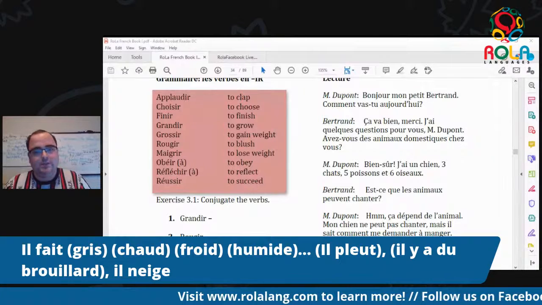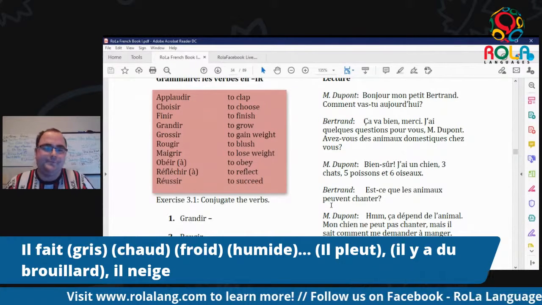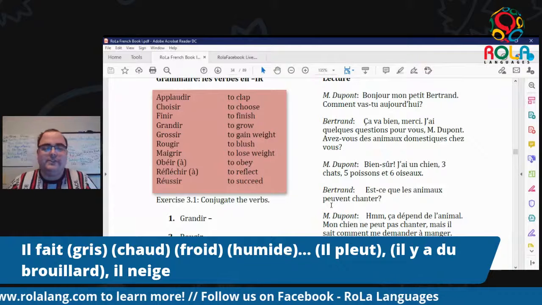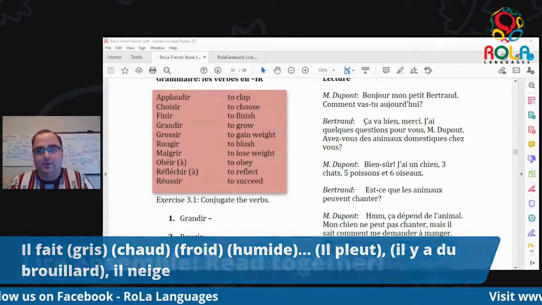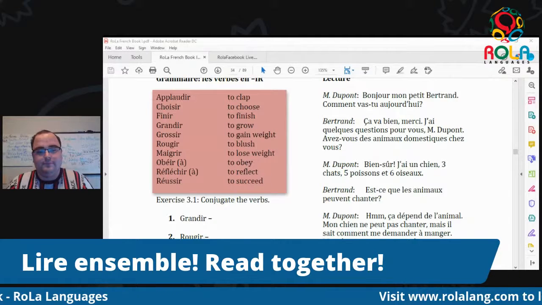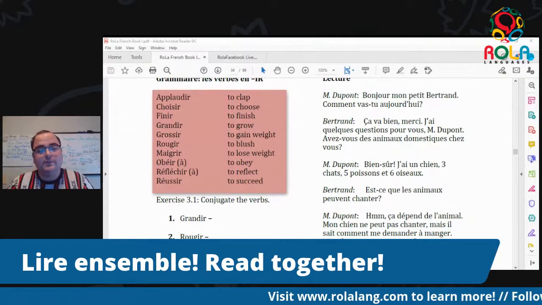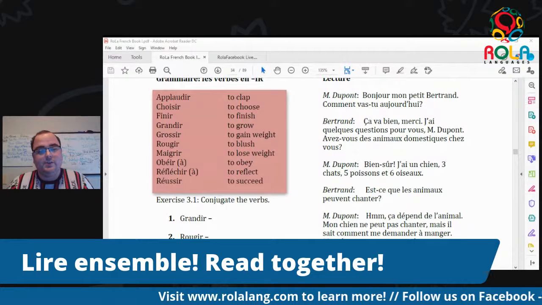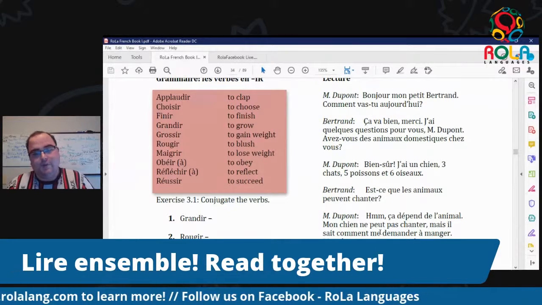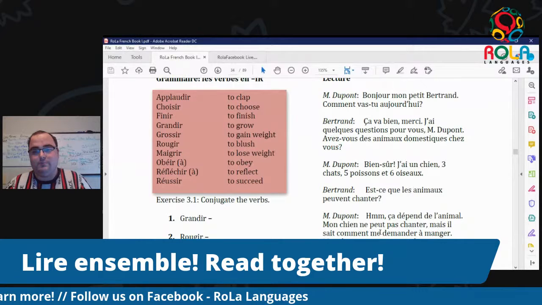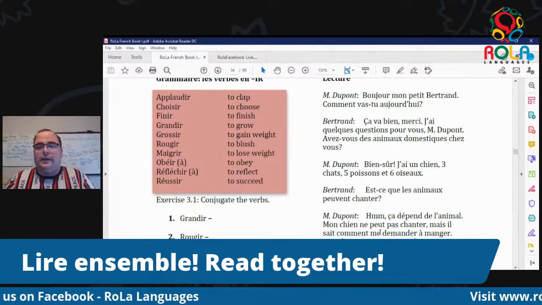So now you can see me talk when we read this together. The first thing we're going to do is we're going to read through it ensemble, together. And then I'm going to break it down piece by piece of what each thing means.